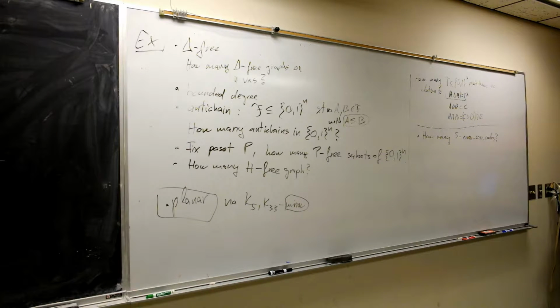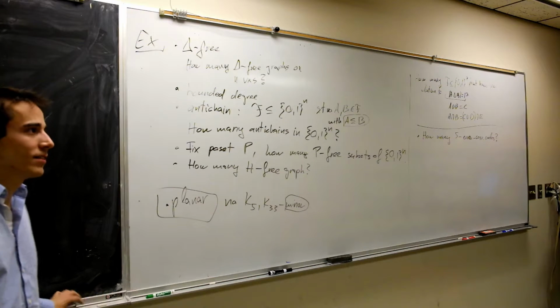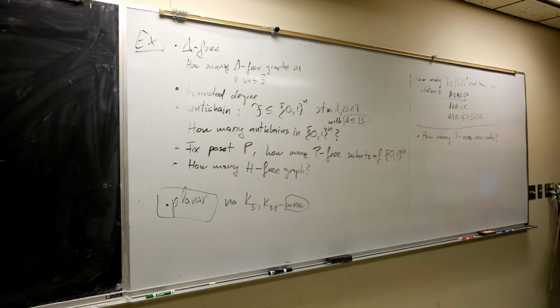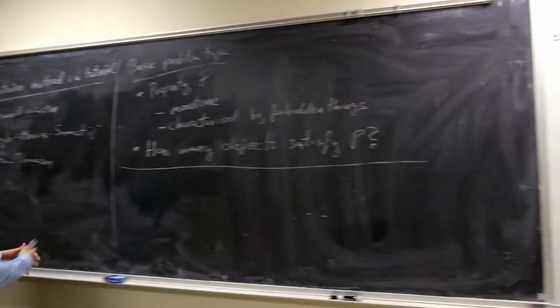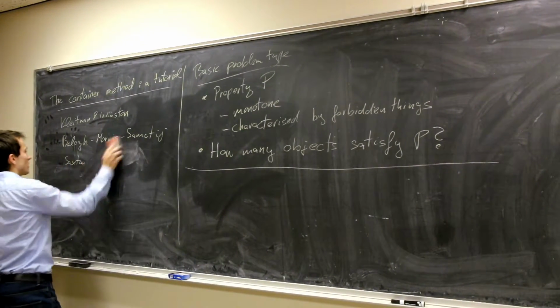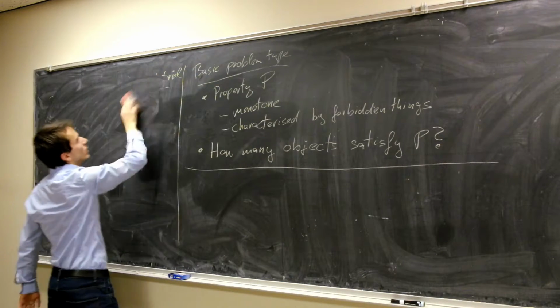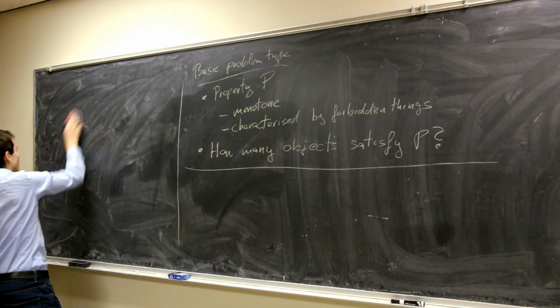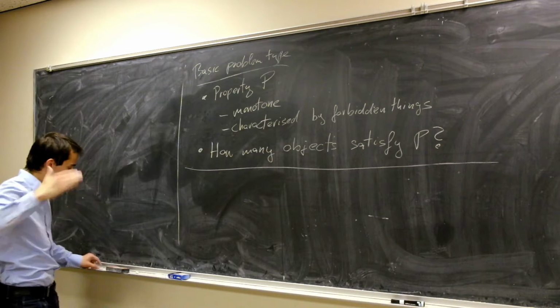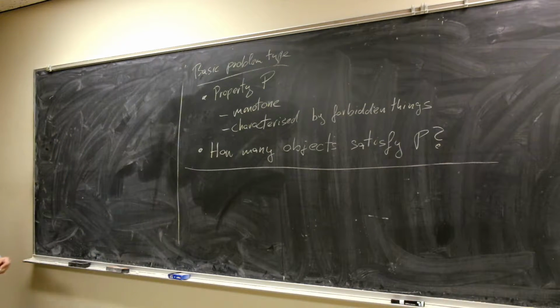Okay, so I think we have seen enough examples, so let's talk about how you can actually solve all these problems. And the good thing about this list of problems is that you can solve basically all of them in the exact same way. It's always the same 3 stages of the proof that you have to go through.